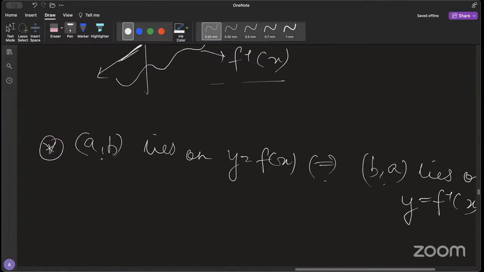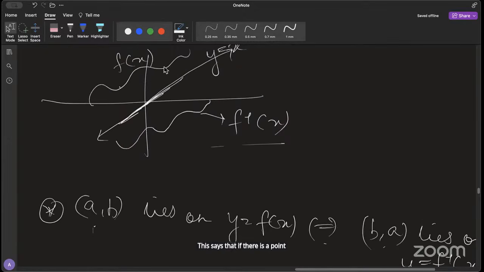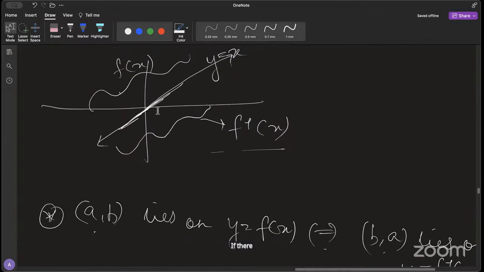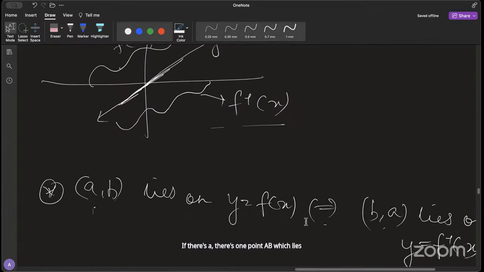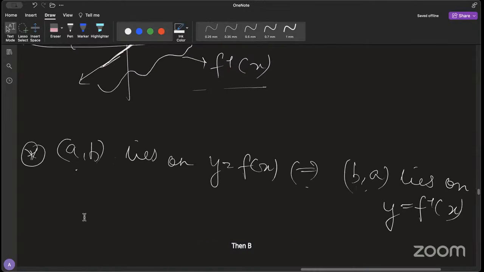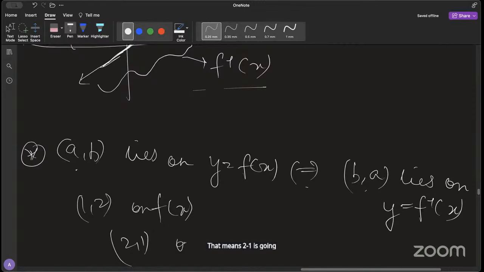This says that if there is a point (a, b) which lies on f(x), then (b, a), the opposite of it, let's say if (1, 2) lies on f(x), that means (2, 1) is going to lie on f inverse of x.